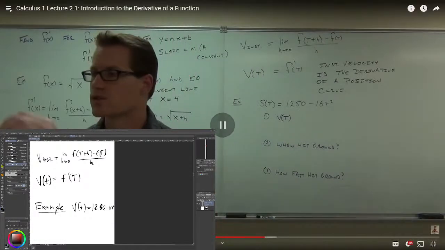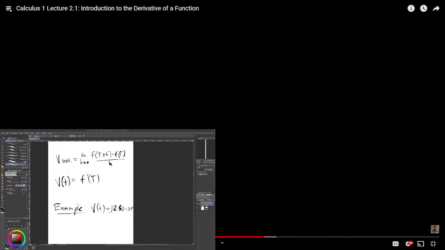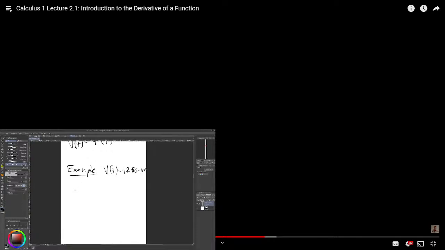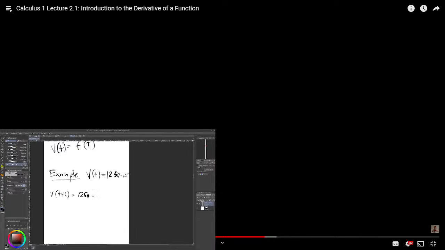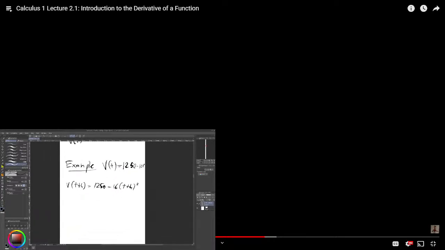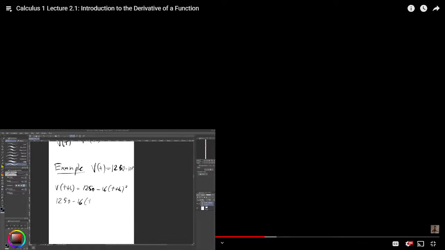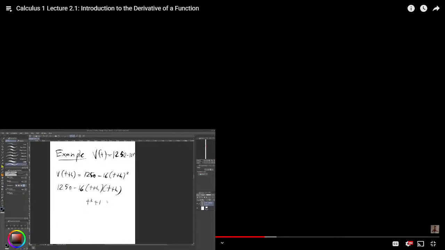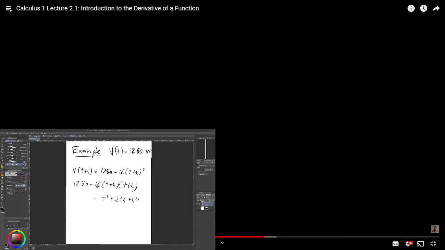You're going to take the derivative. 1250 minus 16 (t plus h) squared, which expands to 1250 minus 16 t squared plus 2th plus h squared.